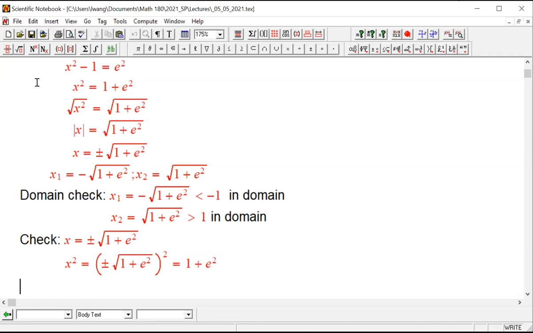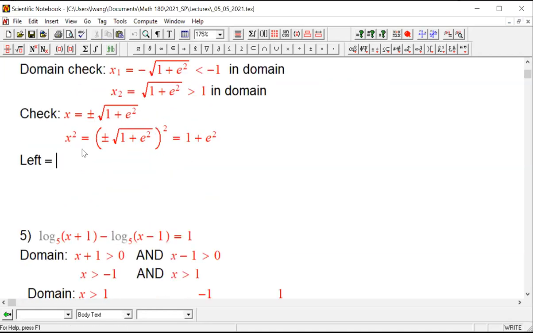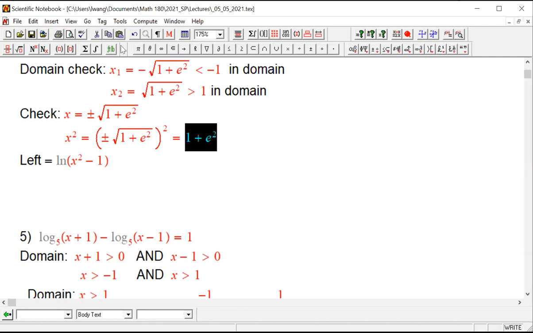Do you follow me? And then you go to the left. When you check work, of course, you always have to go back to your original equation. So our left-hand side, the x squared equals 1 plus e squared. And then, of course, you're going to get ln e squared, and you're going to have 2, and that is the same as the right-hand side.